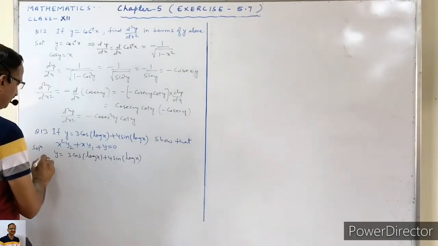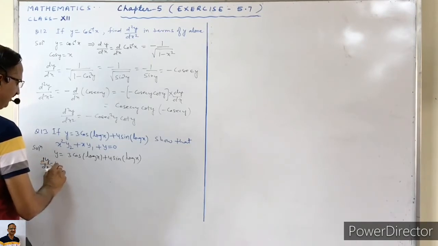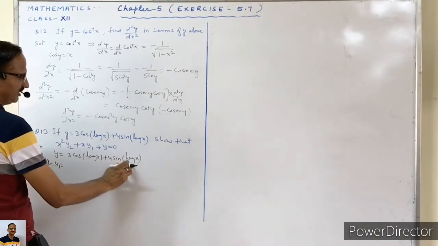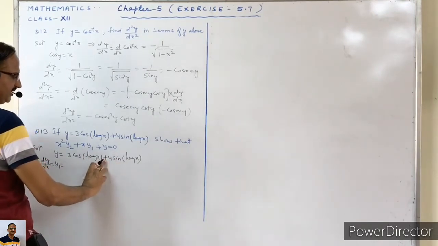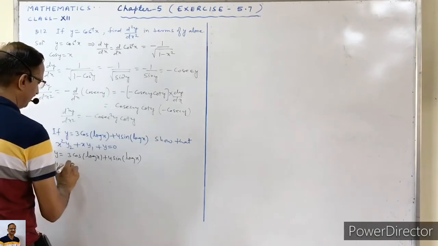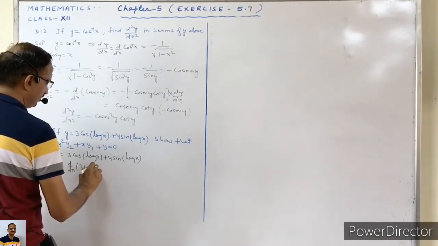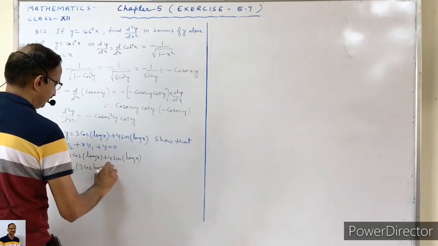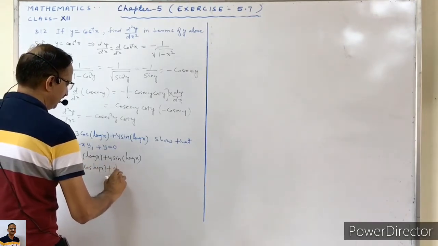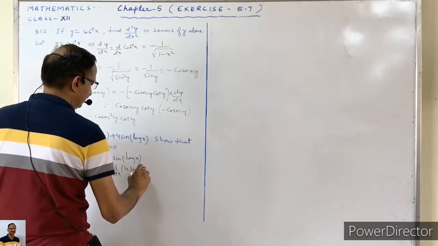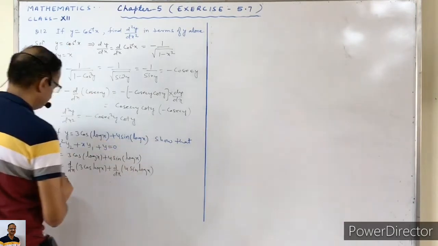So this dy by dx, it can also be written as y1. And on the right hand side, these two are the functions having plus sign. So separately we will find the derivatives. That is d by dx of 3 cos log x plus d by dx of 4 sin log x.